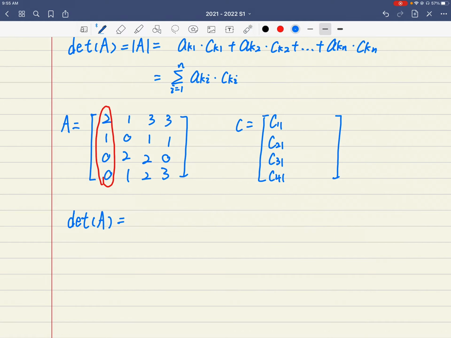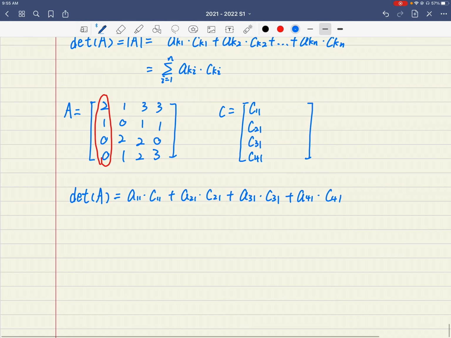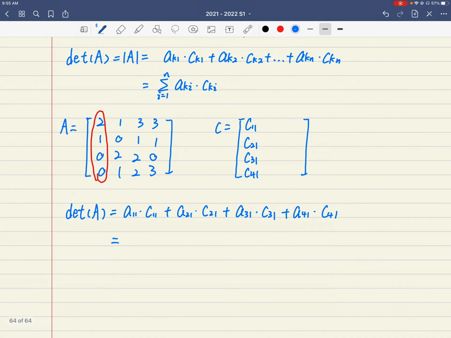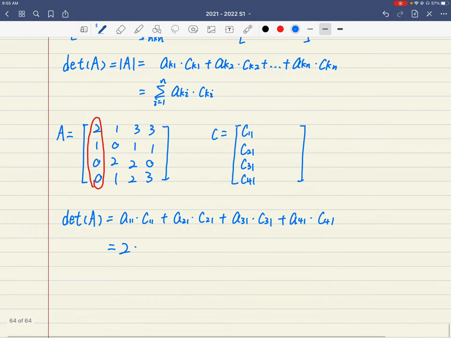Then it will be A11 times C11, plus A21 times C21, plus A31 times C31, plus A41 times C41. Let's do it. A11 is 2, this entry. And what is C11?